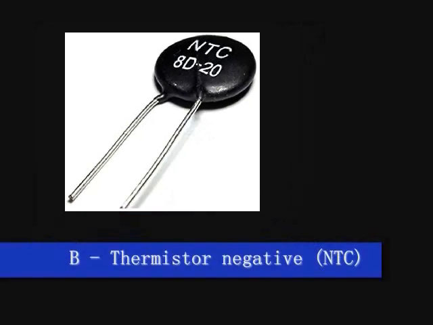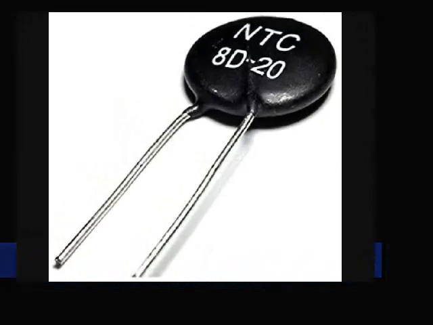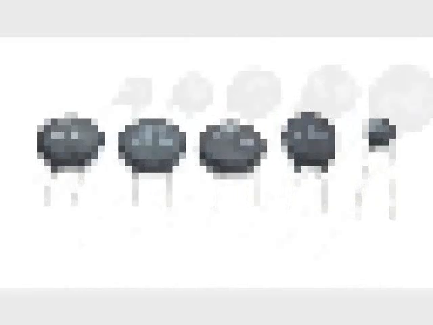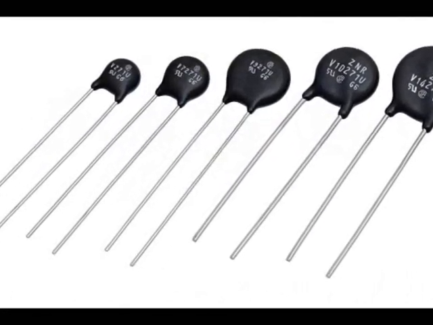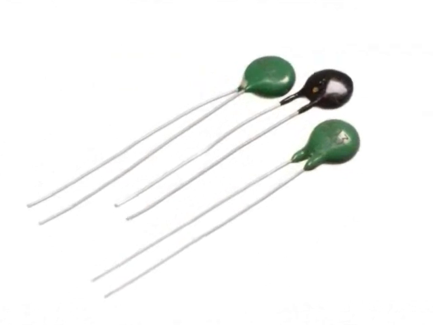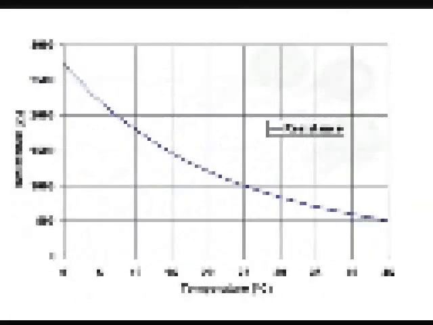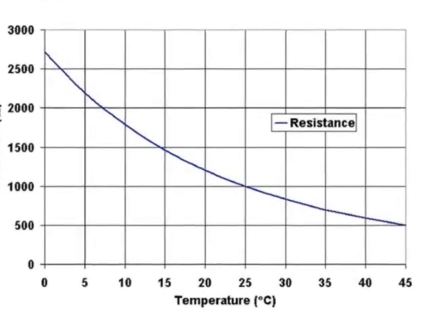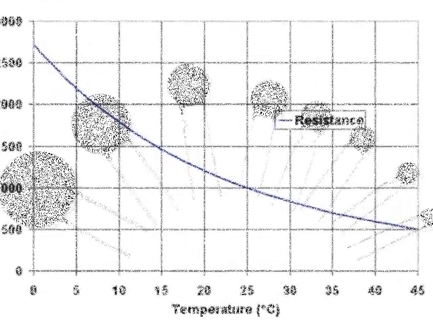B. Thermistor with negative thermal coefficient, NTC. Resistor with negative temperature coefficient, or NTC, is one of the electronic components of the resistance family, which decreases with increasing temperature and increases with decreasing temperature.